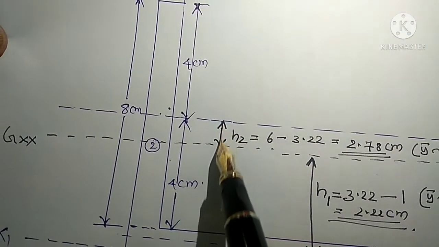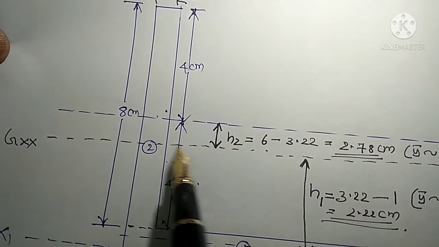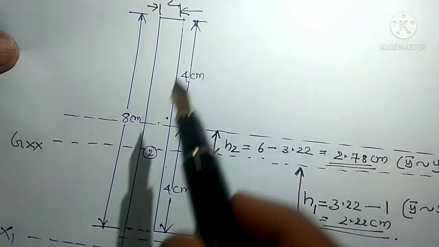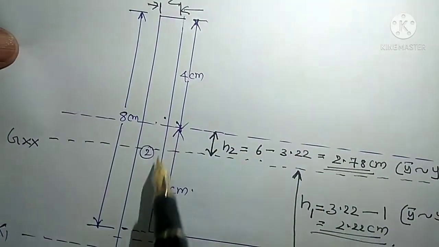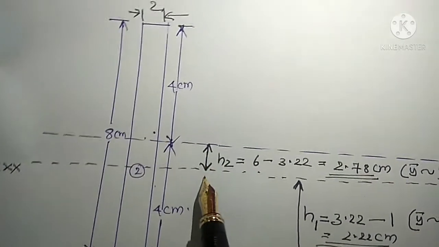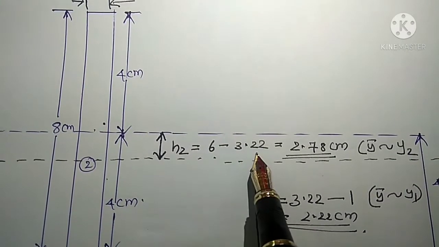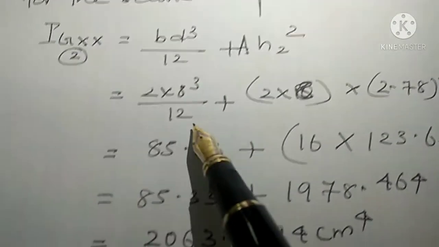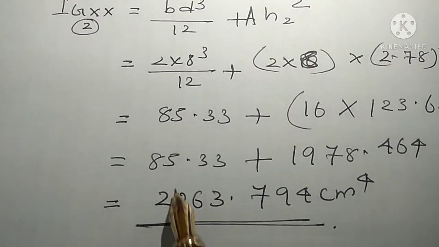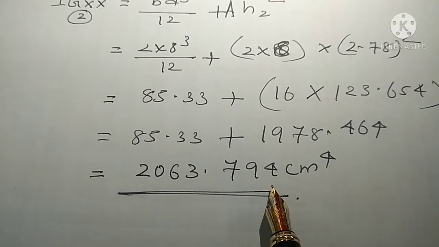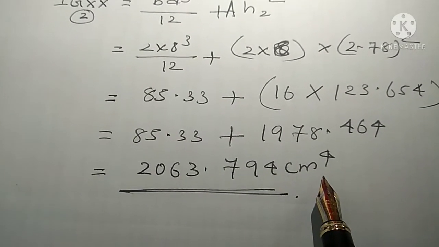S2 is the distance between the horizontal centroidal axis of the whole component and the horizontal centroidal axis of the second component, that is y minus y bar, which is equal to 2.78. That is why it is 2.78 the whole squared. On giving the values and adding, you will get 2063.794 centimeter raised to 4.